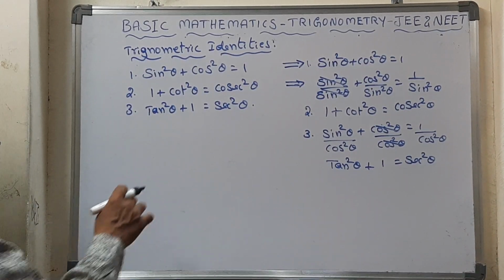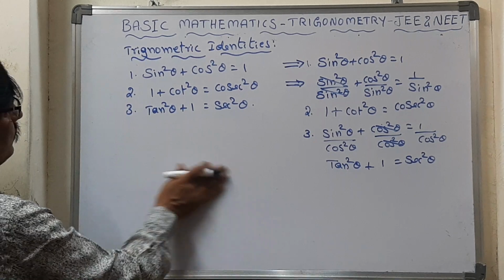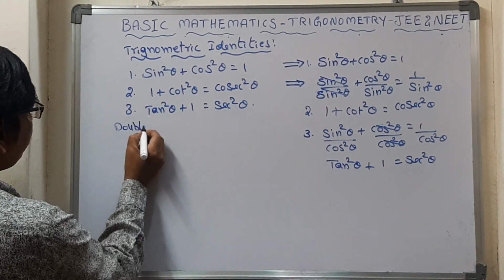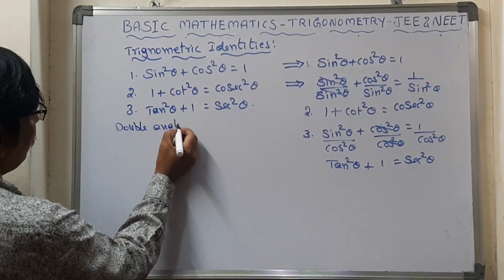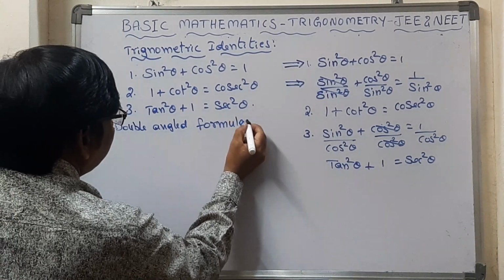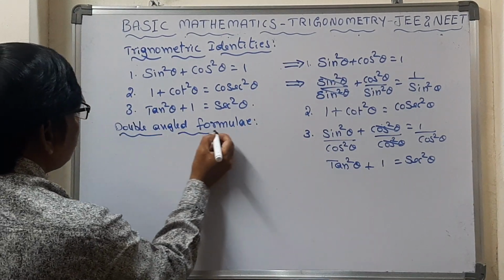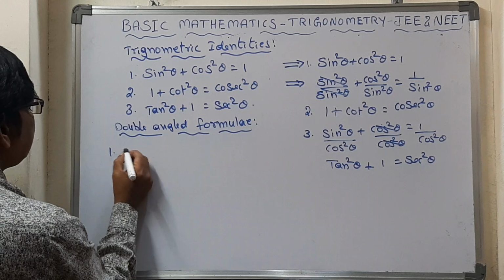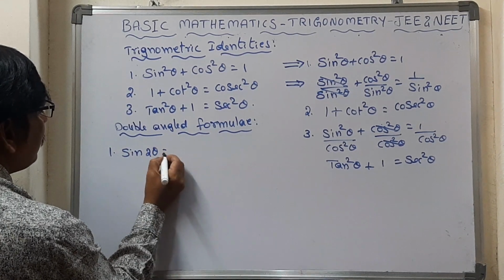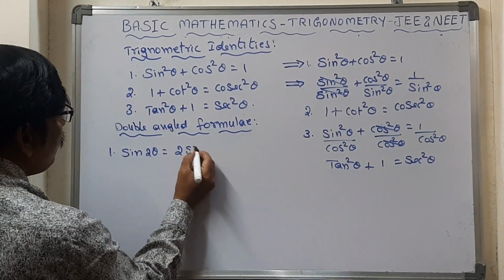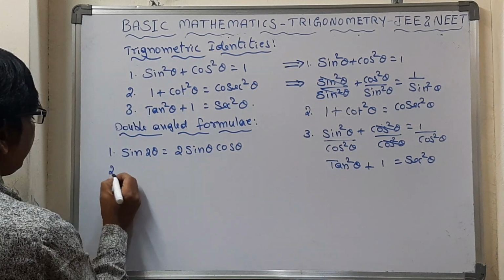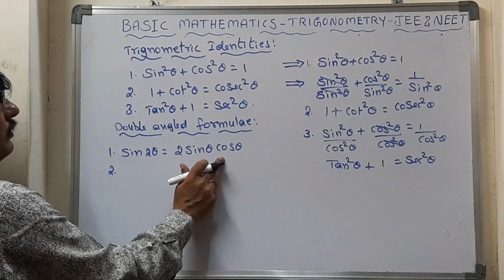And so the next one is the double angle formula. What is meant by the double angle formula? It's very important. The first one is sin 2 theta is equal to 2 sin theta cos theta. This formula is very popular.